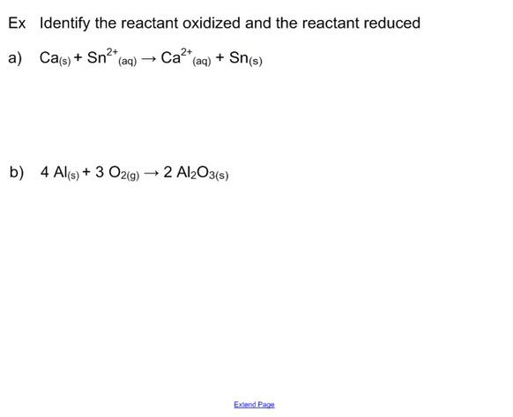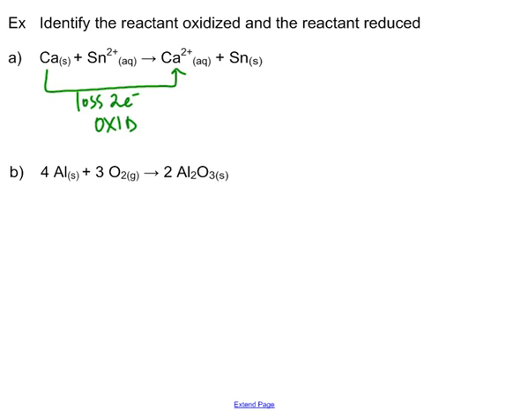Let's do some work here and try to identify which reactant is getting oxidized and which is getting reduced. If you want to pause the video for a quick second and try these on your own, feel free to do so, and I'm going to do the answers right now. In this case, solid calcium goes to calcium 2+. In order to do that, it has to lose 2 electrons, and oxidation is loss, so this is oxidation.